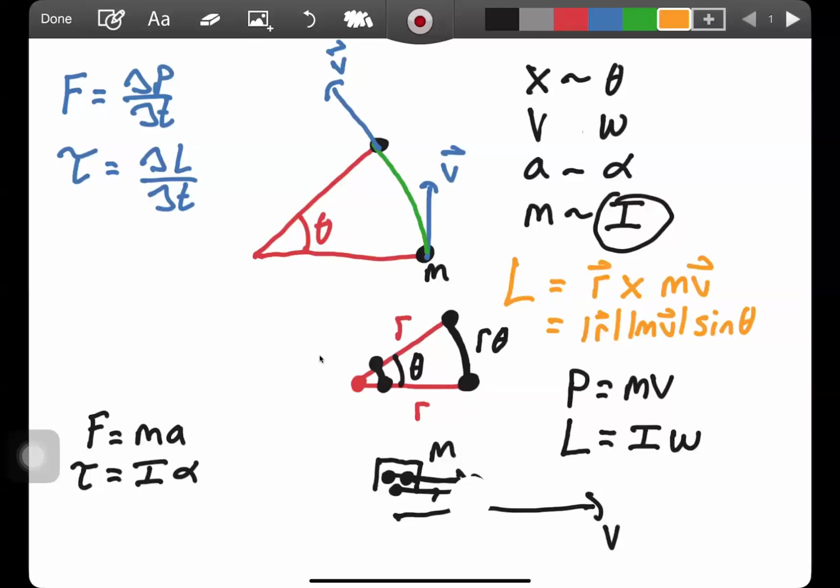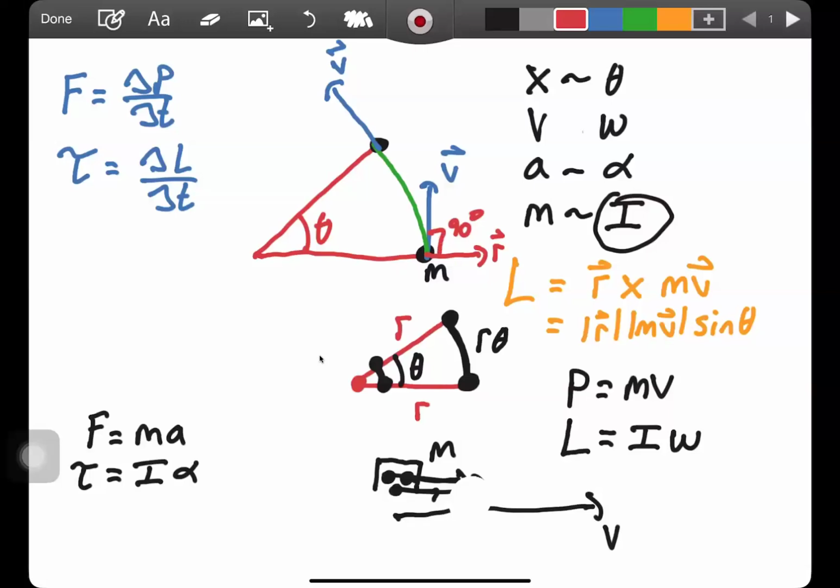But here's the thing, the linear momentum, i.e. mv, that's always going to be tangent to the circle. And so if you're tangent to the circle, that means that, for instance, the lever arm here would be r. Well, that's always going to be 90 degrees. If your linear momentum is always tangent to the circle, then a tangent is always going to be perpendicular to a lever arm.